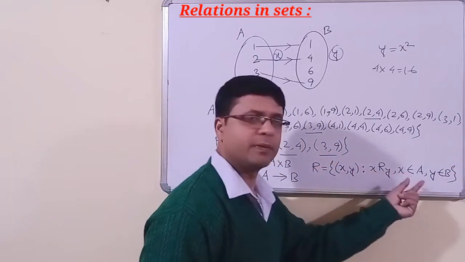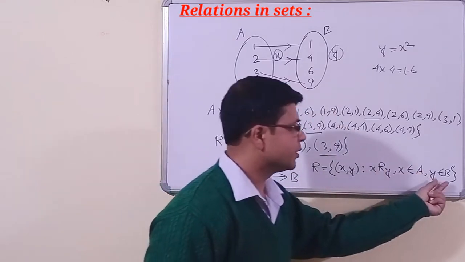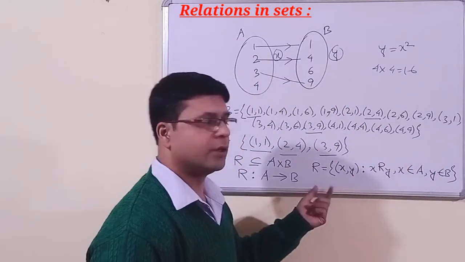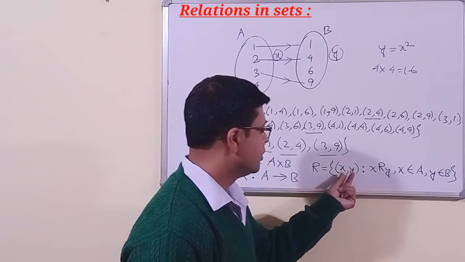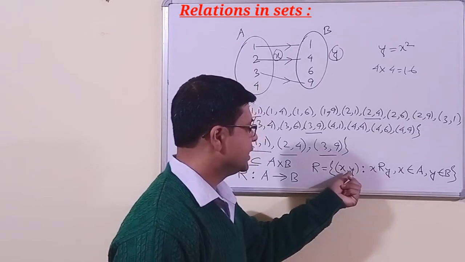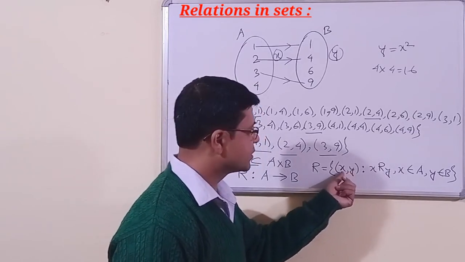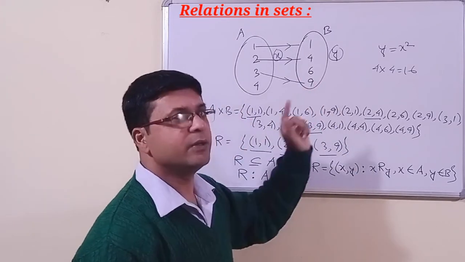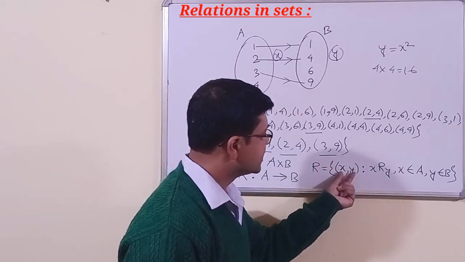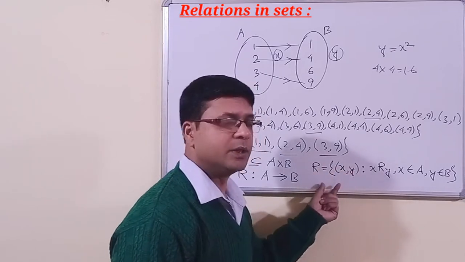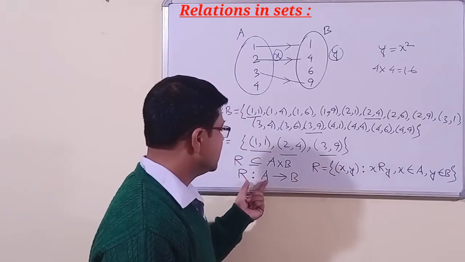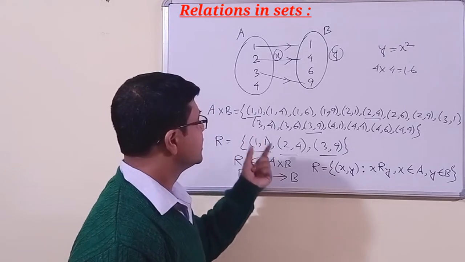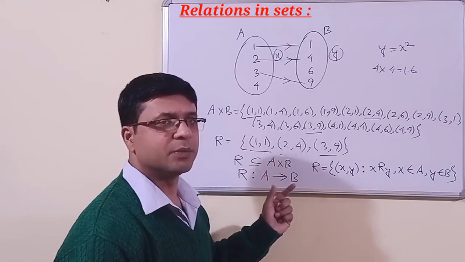The first component belongs to the first set and the second component belongs to the second set. We have to follow the ordered pair. That means there is a relation between the first component and second component. So we found that a relation is a subset of the Cartesian product. That is the most important part.